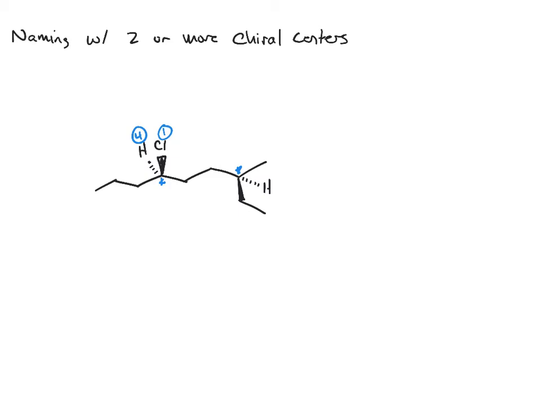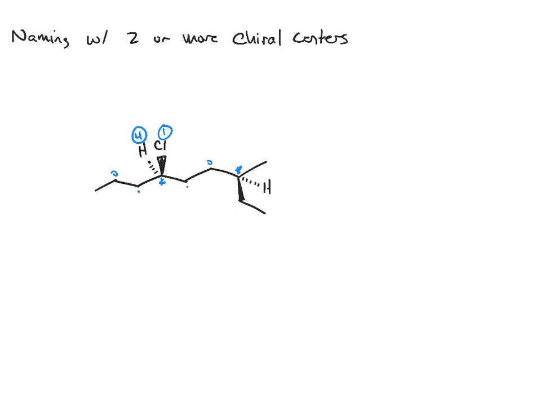Now you have to compare these two carbons. You start and compare these two. Those two are both CH2s. They're equivalent. So then move out and compare these two. Those are both CH2s. They're also equivalent.